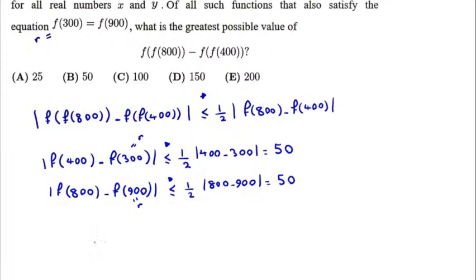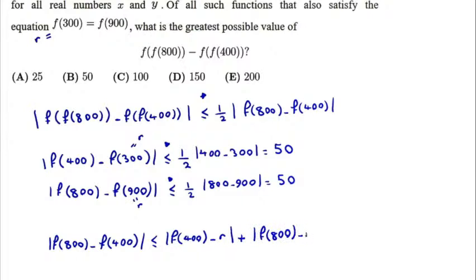Now f of 800 minus f of 400. We also call it the triangle inequality. Let me explain for you. It is less than or equal to absolute value of f of 400 minus r plus absolute value of f of 800 minus r. Why? Look, absolute value of a plus absolute value of b is greater than or equal to absolute value of a plus b.